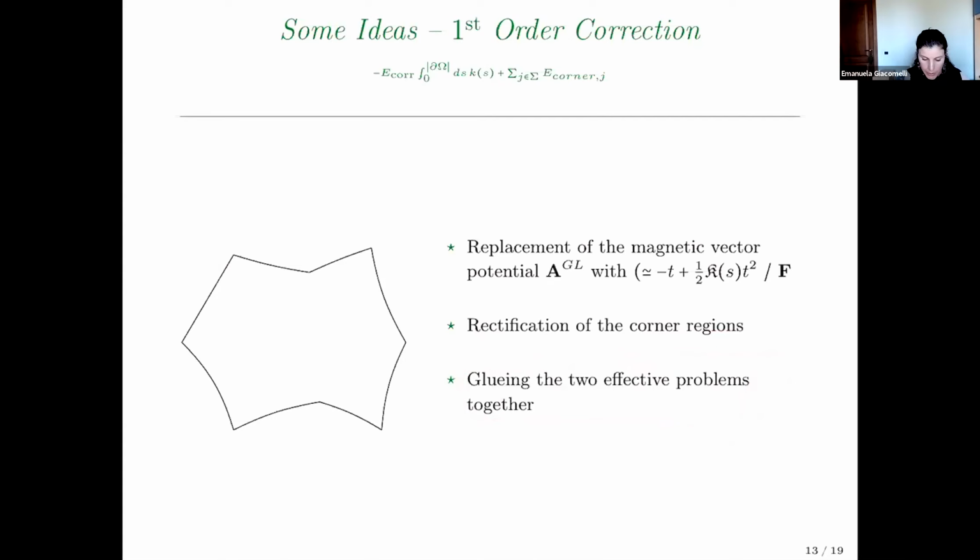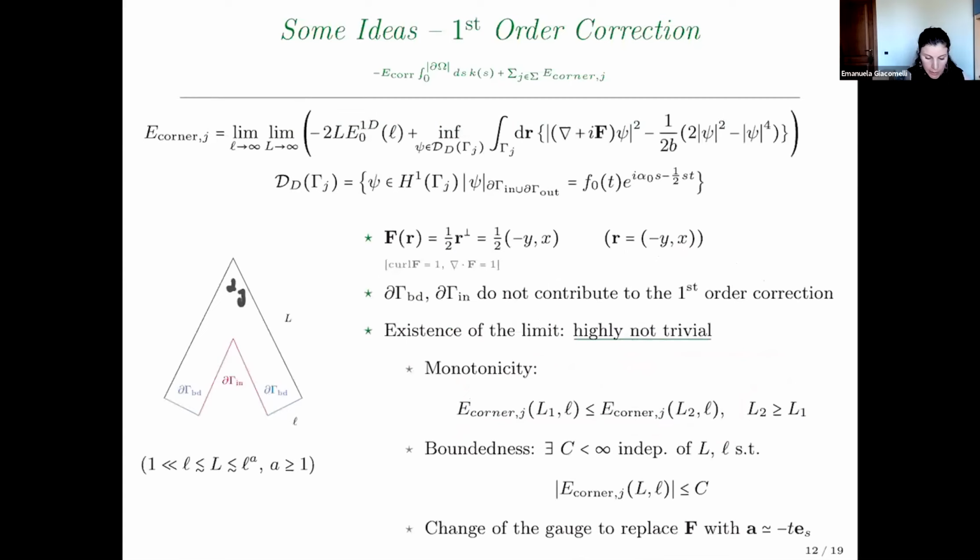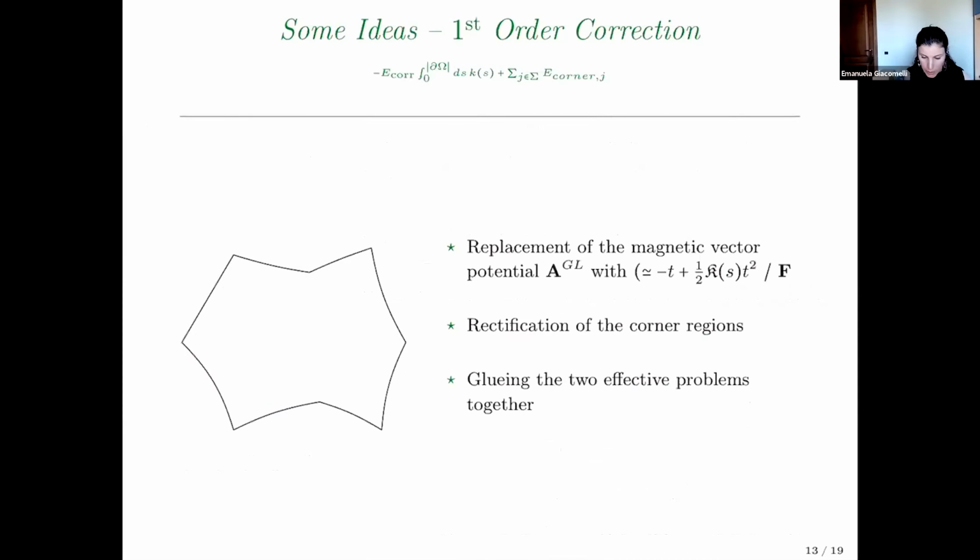In fact, what we proved is that, if you look at this corner energy, it is independent of the boundary condition you put in this domain here, meaning that this infimum is exactly equal to the infimum you will have in the case in which you take your psi in a different domain in which you put Neumann boundary conditions. And this is also an important part of the proof of our main result.